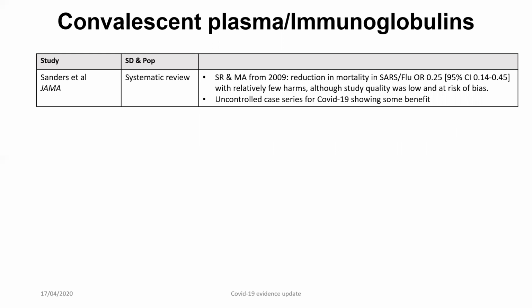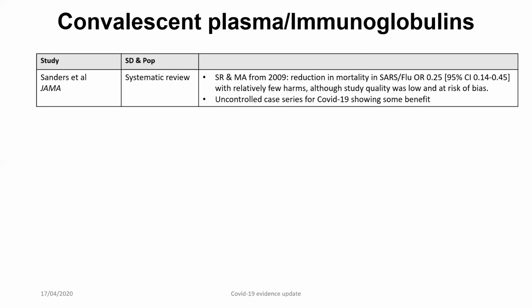There's been some promising work looking at convalescent plasma and active immunoglobulins. This has previously been looked at for SARS and flu, and found that use of convalescent plasma in particular was associated with a massive reduction in overall mortality with relatively few harms. Although, again, they note that study quality was pretty poor, and lots of these trials had high risk of bias.